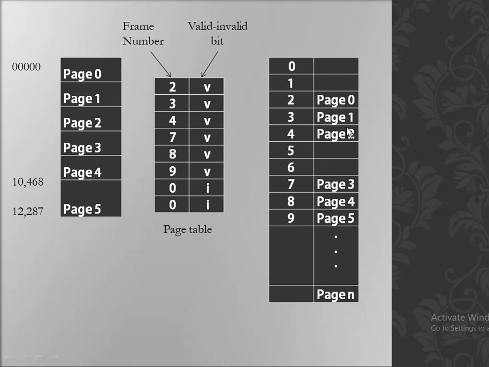For example, if we set this bit as I, it is an invalid bit and you cannot access it. Say here the process contains only 6 pages, while this page table can contain 8 entries. The remaining 2 are invalid, so you cannot access those pages.